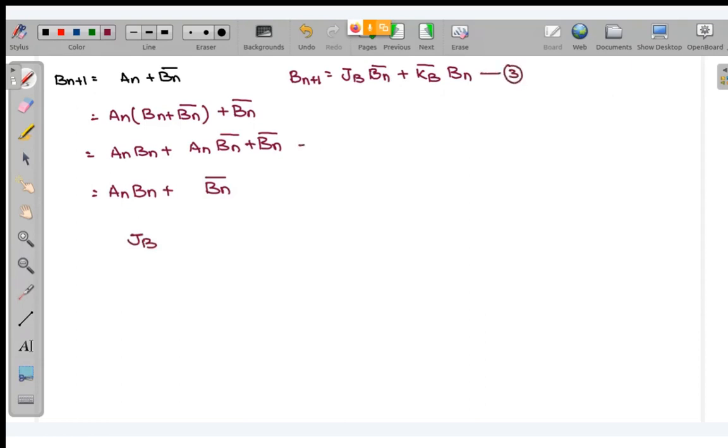Let me write this as equation 3 and this as equation 4. So JB is equal to 1 and KB is equal to An complement. So you have JB, you have KB. Now you can design this counter using JK flip-flop because you have the inputs.